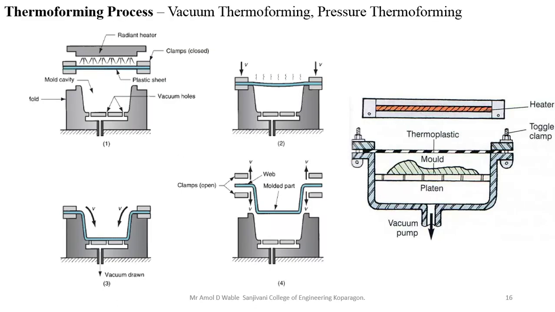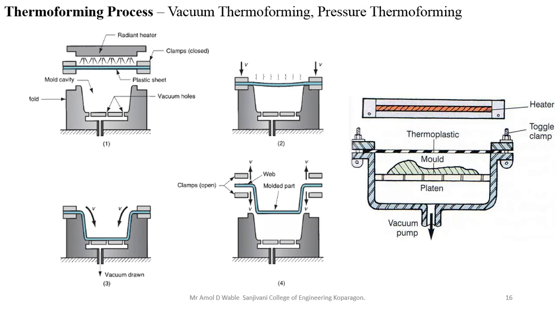So another is the thermoforming process, which can be classified as vacuum thermoforming and pressure thermoforming. It is a series of processes for forming thermoplastic sheets or film over a mold with the application of heat and pressure. It is used in packaging of consumer products and in fabricating large parts like bathtubs, internal doors, liners, etc. It consists of two main steps: heating and forming.